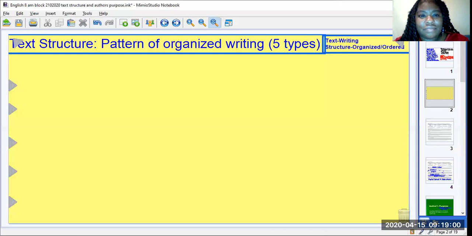You said 5 things about the text thing? Yeah, the text structures. Remember, it was 5 of them that we talked about. So I just want to see if you remember one of them. If you can give me one. Cause and effect. Yes, cause and effect. As a matter of fact. Problem and solution. What else? Start with the D. Description. Mm-hmm.